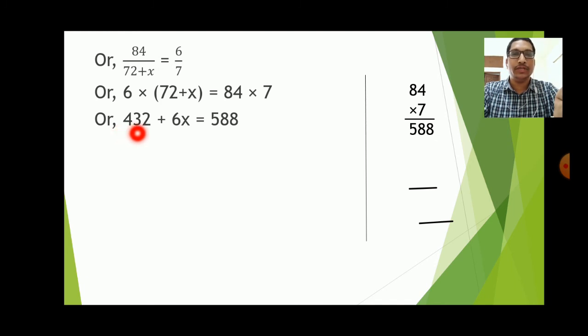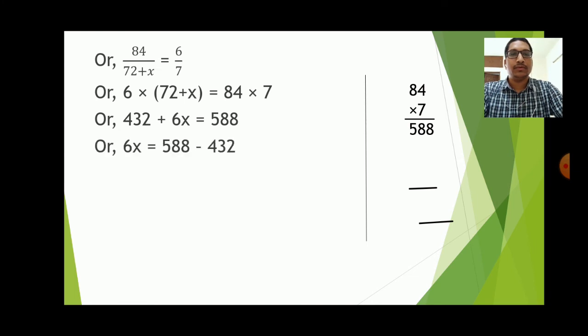If we move it from the left side to the right side, its sign will be minus. So 6x equals 588 minus 432. When you move it from left to right, the sign changes, here minus. I think it is very clear to you.